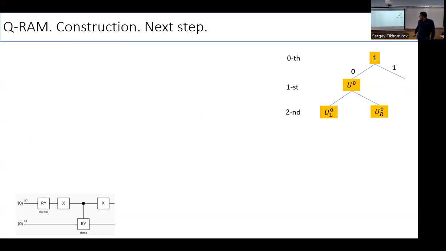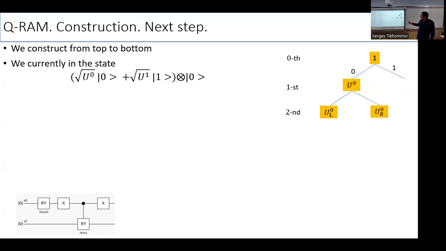So next step. We have a tree. Let us look at 2 qubits. Up to now, the state of the system is that we have here U0 and U1, and the second qubit is not entangled, so it's a direct product with 0.